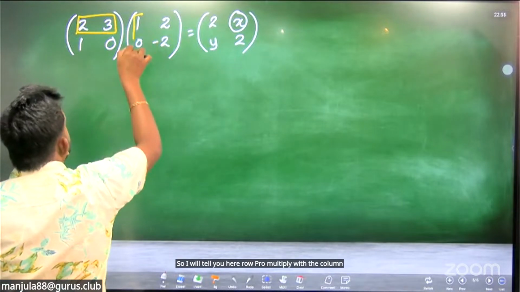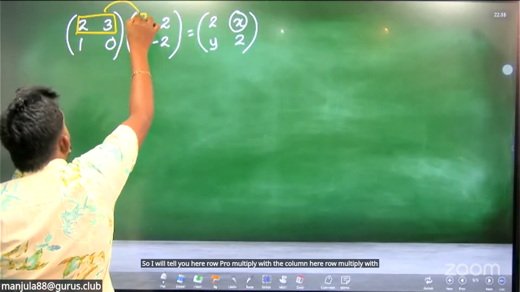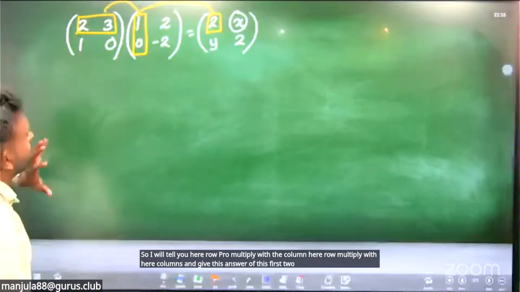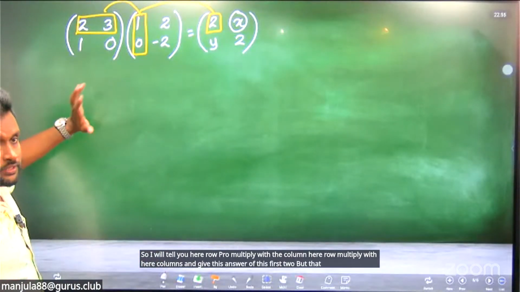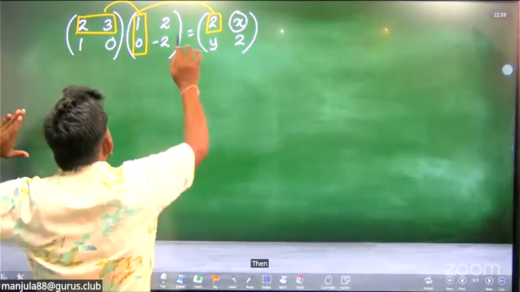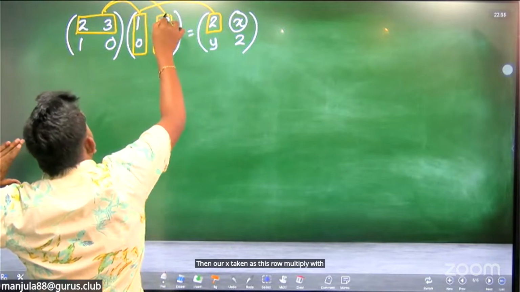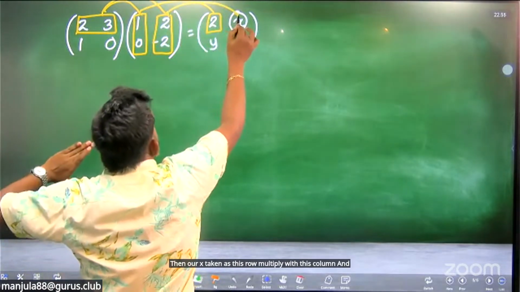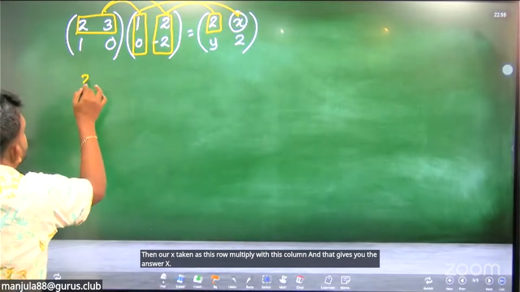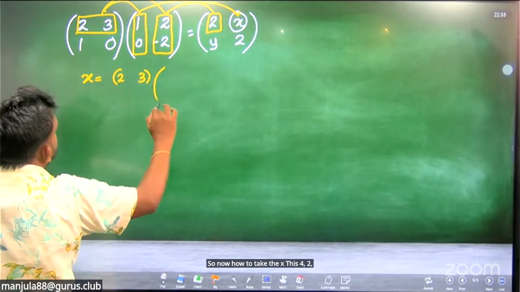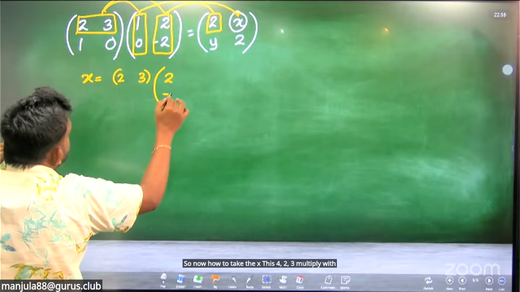Here row multiply with here columns and give the answer of this first two. But that not to be checked. Then our x is taken as this row multiply with this column and that gives you the answer x. So now how to take the x? This row 2 comma 3 multiply with here column 2 comma minus 2.